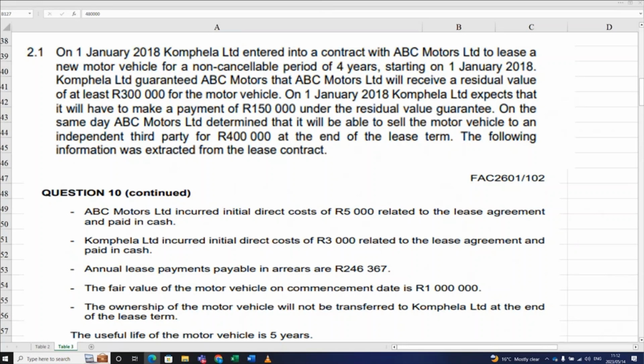Okay, so when we're working out the lease liability portion of it, we would need that discount rate. In this case, it would be the implicit rate in the lease. Okay, so let's get going with that.